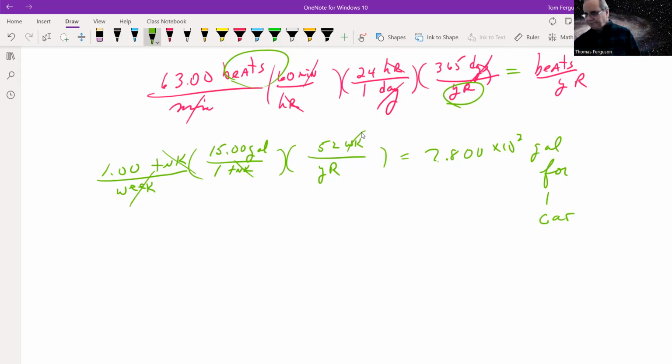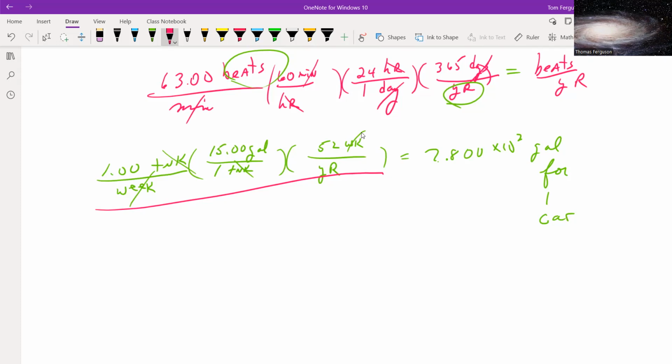Okay, so this gives us gallons for one car. Just doing a straight burner in a tank a week, 15 gallons in a tank. We got 52 weeks per year. That gives us gallons for one car. Now we need to figure out how many cars there are in the United States in 2011. Okay, so what we're going to do now is continue with that setup.